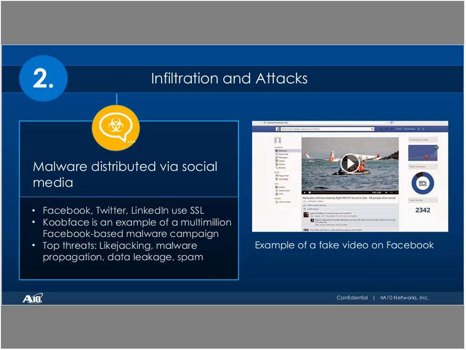So our second type of attack that can hide in SSL traffic is malware distributed through social media sites. So today, almost every social media site, including Facebook, Twitter, LinkedIn, and Pinterest, they all use SSL. And the top threats of social media are malware propagation, like jacking, data leakage, and spam.